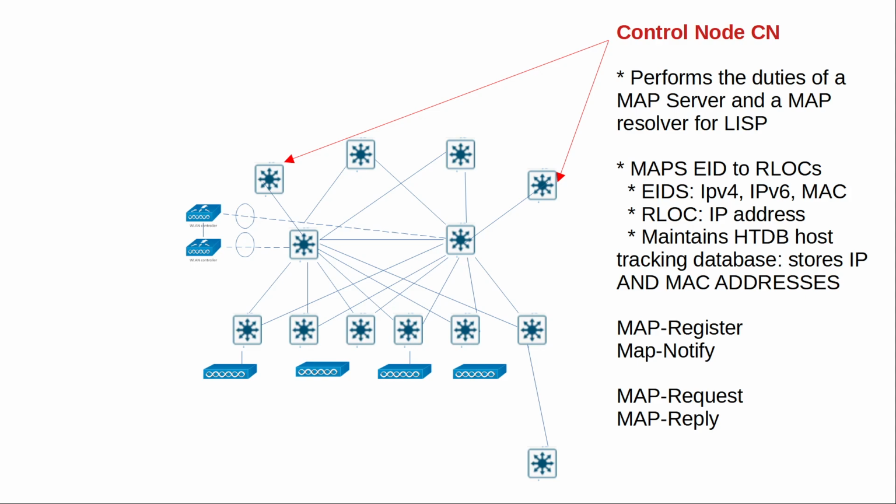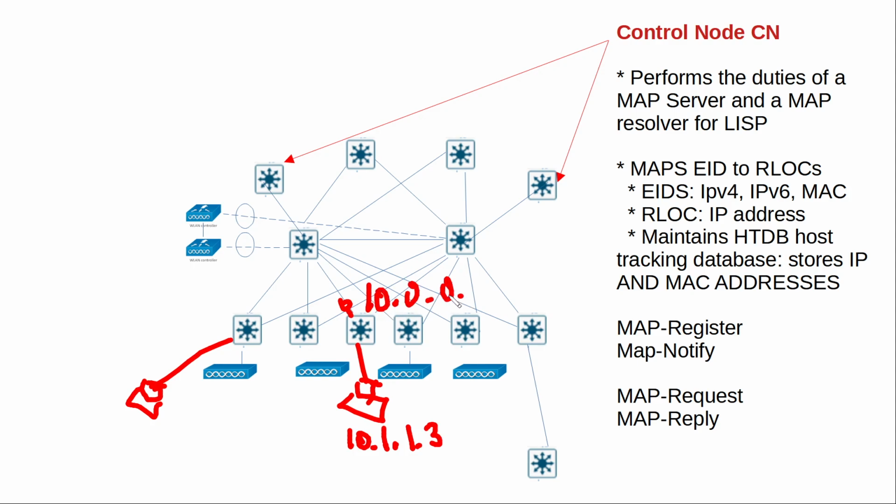Now let's put an example here. Let's imagine that the device that lives here wants to communicate with a device that lives in another edge node. This other device has the IP address 10.1.1.3 and exists in this other edge node that has the loopback IP address 10.0.0.13.